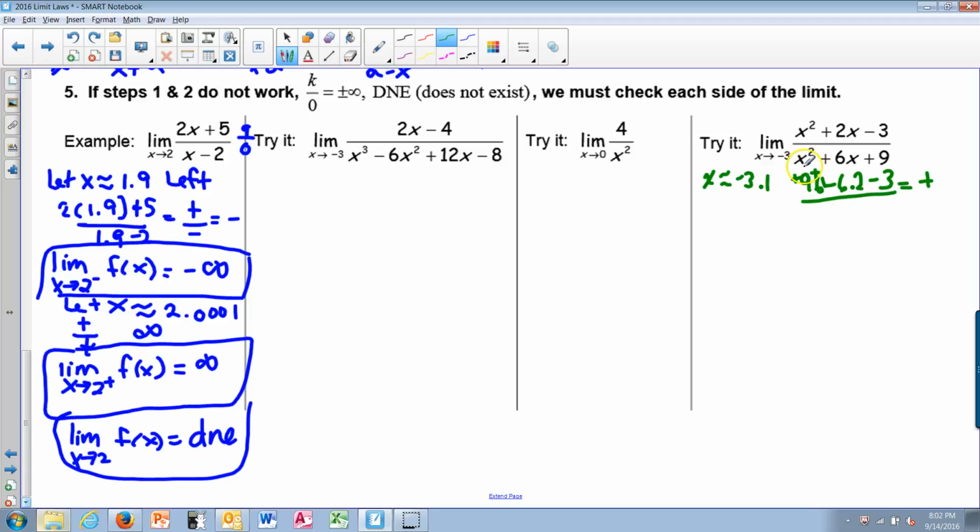On the other side, I have 9.61 again, minus 18.6 plus 9. Well, the 9.61 and the 9 are slightly more positive than the negative 18.6. So I am going to end up with a positive over a positive.